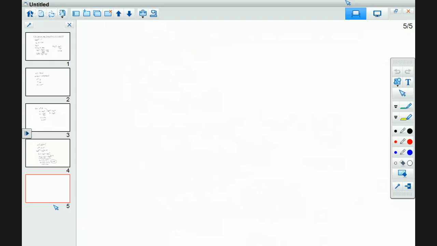Last one. This is solved by graphing. If I graph this by hand, is it gonna be accurate? No, it's not. This is a calculator problem.